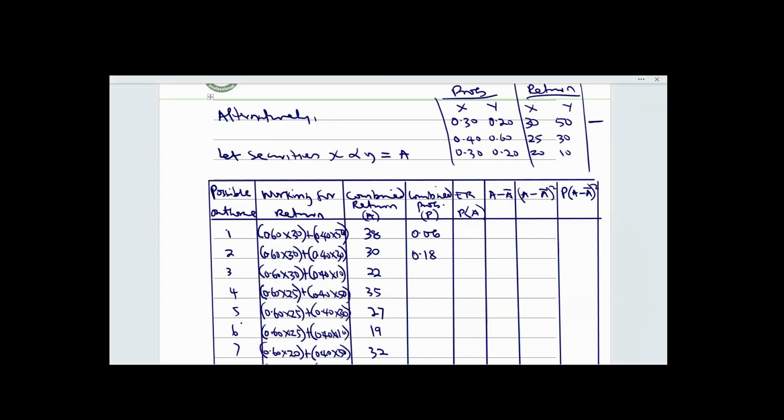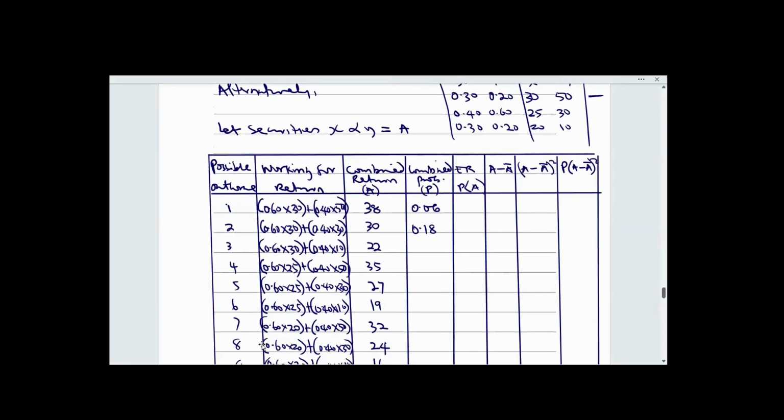Again, for the third line, the probability of that 30 still remains as 0.3. So I will say 0.3 multiplied by the probability of 10 return for Y, which is 0.2, equal to 0.06.